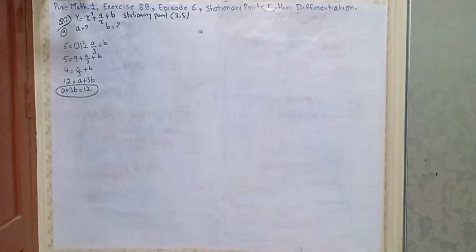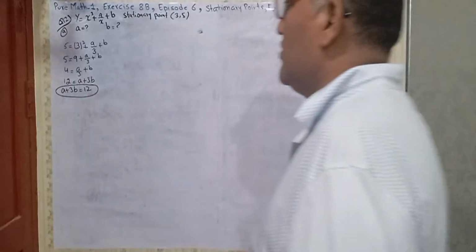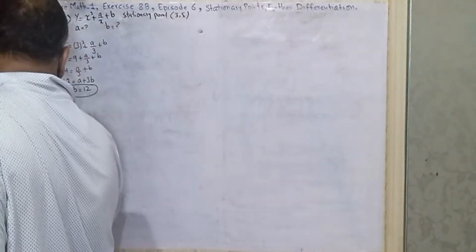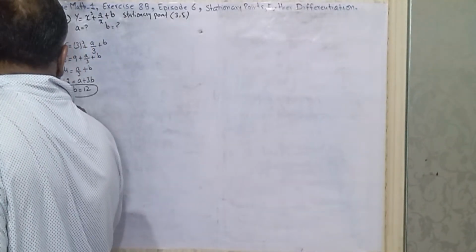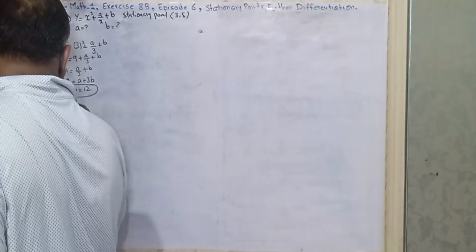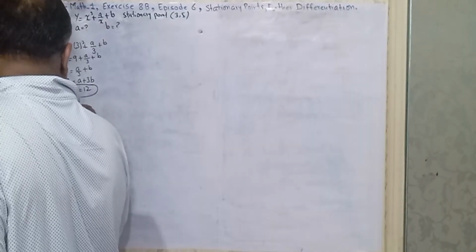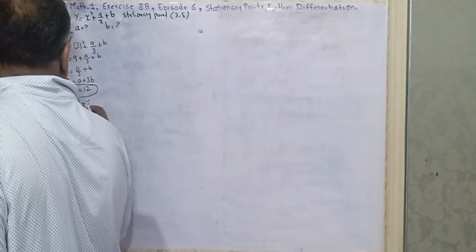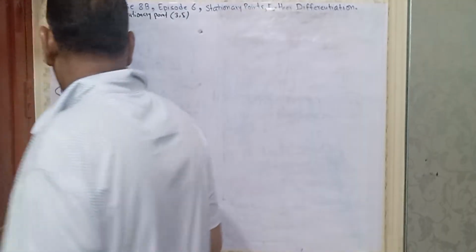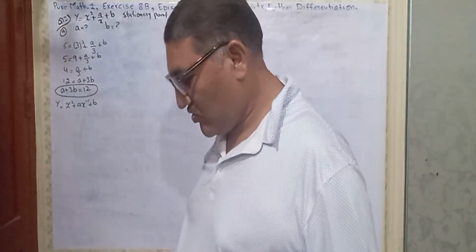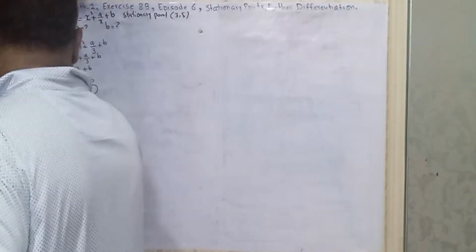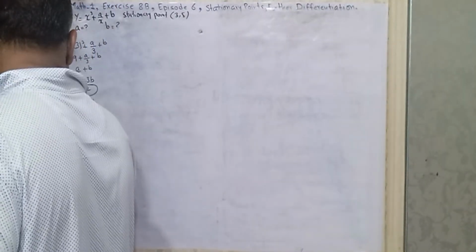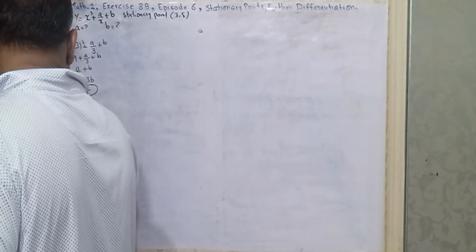Now I'm going to differentiate it, because the stationary point is at (3, 5). So y is equal to x squared plus a times x raised to the power of minus 1 plus b. Differentiating, we have dy by dx equals 2x plus a times minus 1 times x raised to minus 2, plus 0.